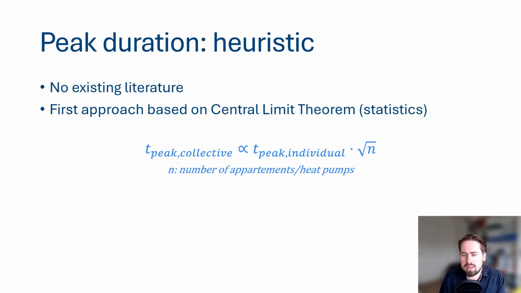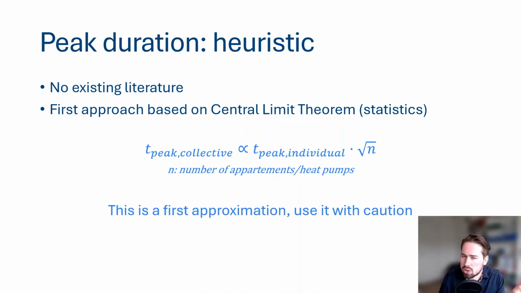Now, I want to stress that this is a first approximation. It should be used with caution because there is no real literature or quite a lot of evidence for this equation, at least in geothermal borefield design.